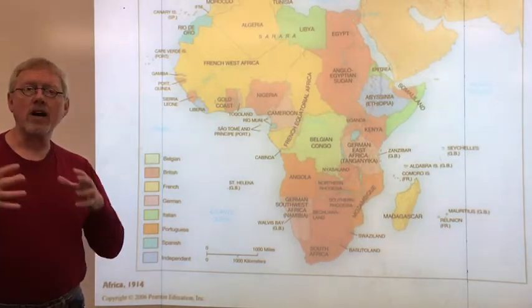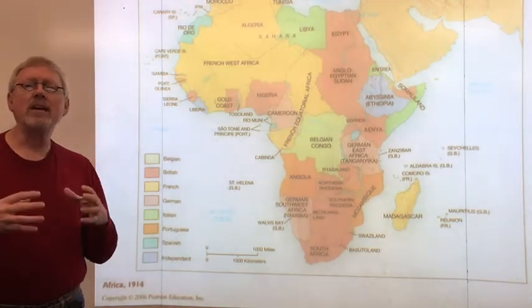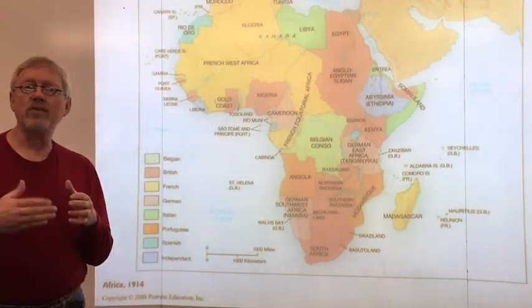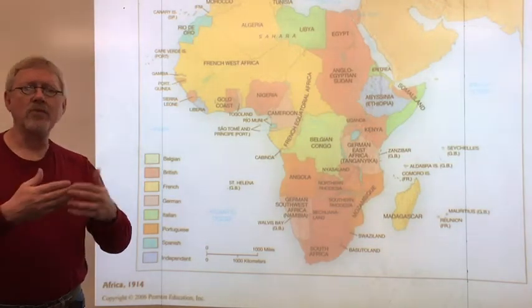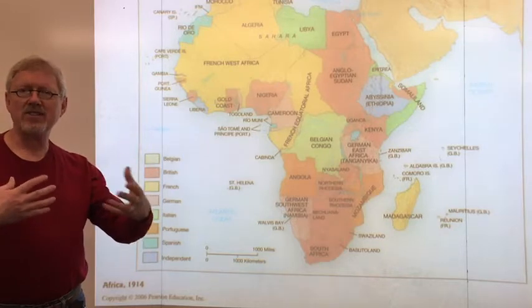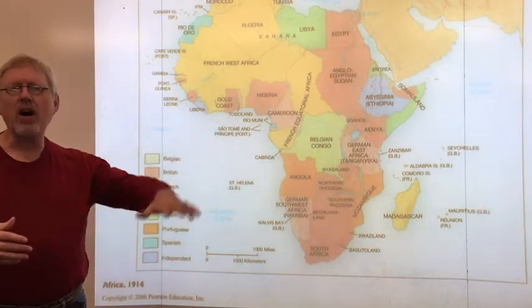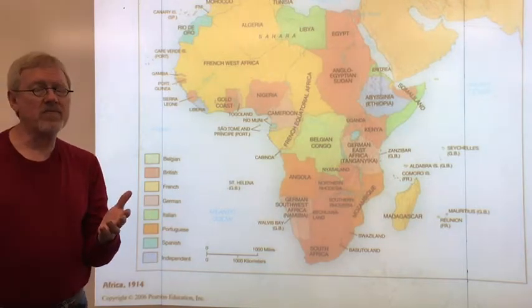Both of these are colonies administered by Britain, but they will become independent of Britain after World War I. They'll both have a surge of nationalism, and they will peacefully ask to have independence, self-governance, but they remain part of the British Commonwealth to this very day.